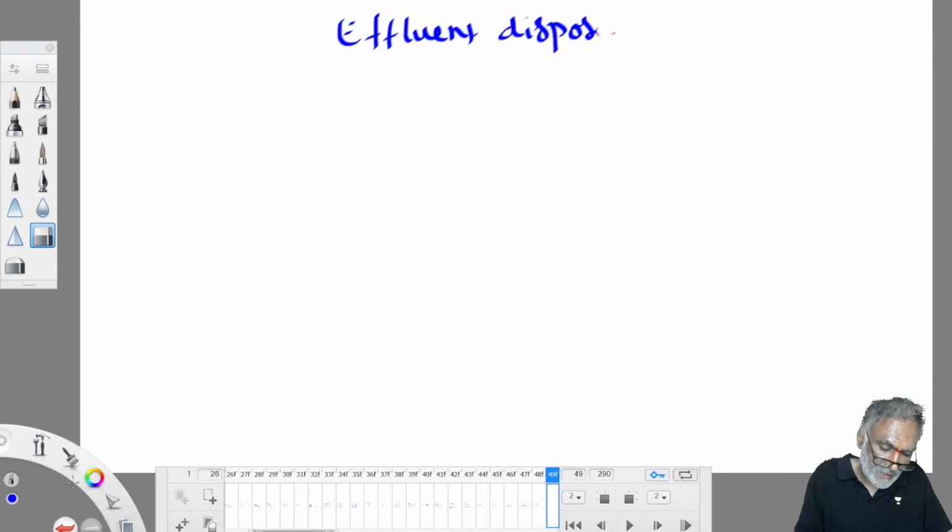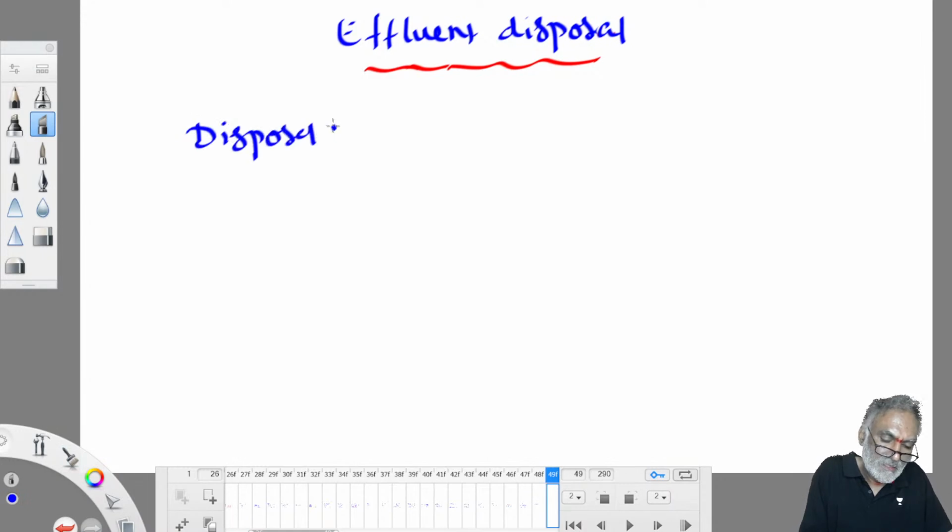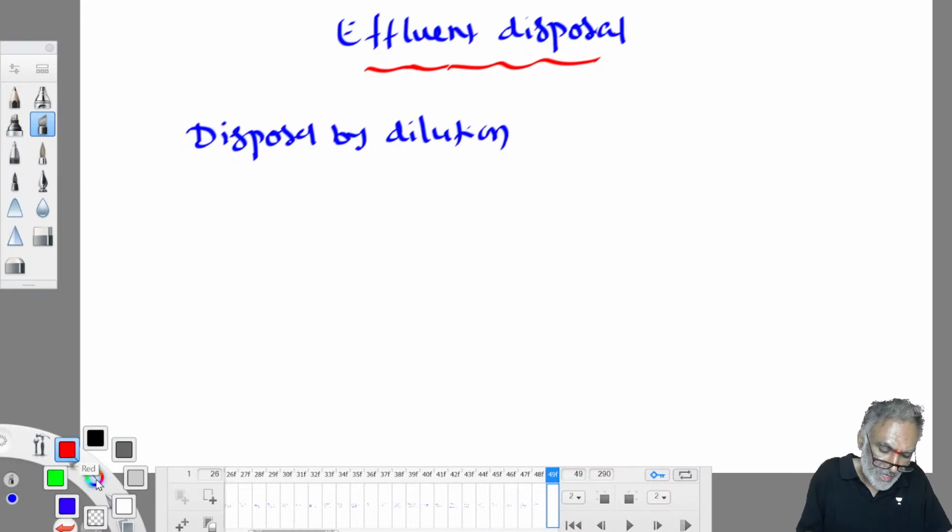Disposal of effluents are made by either water disposal or land disposal. Water disposal is called disposal by dilution. In disposal by dilution, one popular question is finding the concentration of the mix.